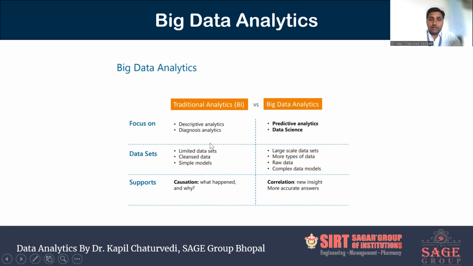Data sets. In case of traditional or simple data analytics, we have small data sets which have limited data. Data is already clean, and data is not complex, because many times data will be in the form of rows and columns. That data will in general be in structured form.